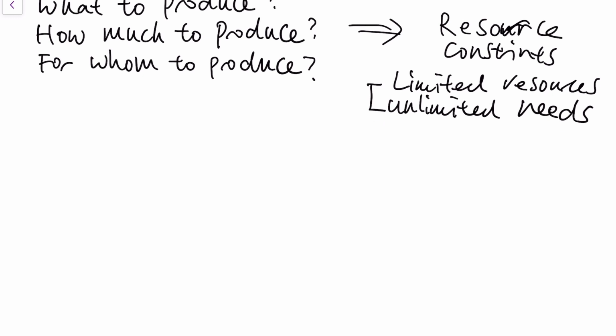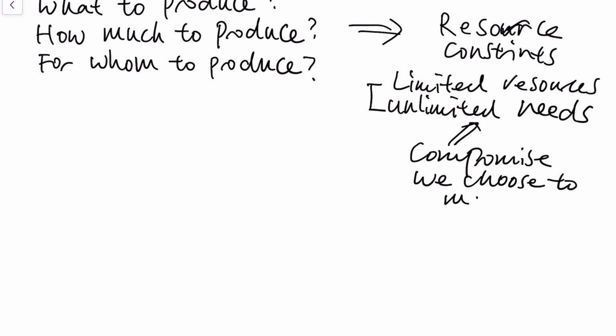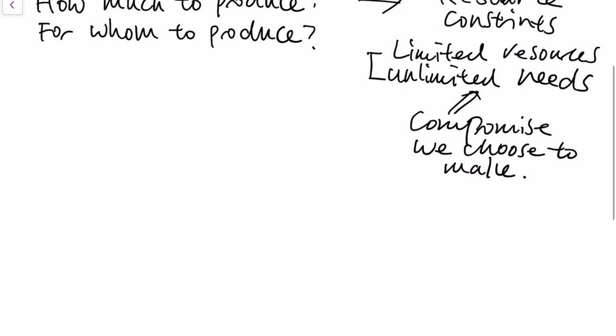So this is the compromise we choose to make. And indeed, I think as evidence has shown, the market economy tends to perform better than the centrally planned economy. So maybe that's the best option we have currently.